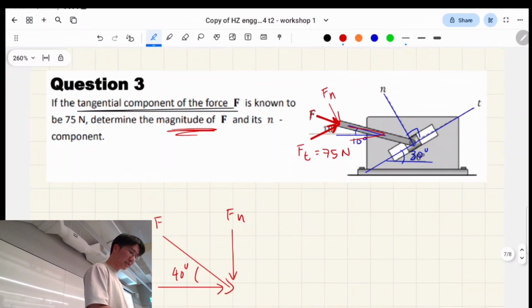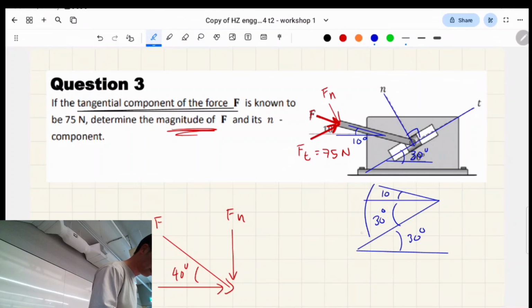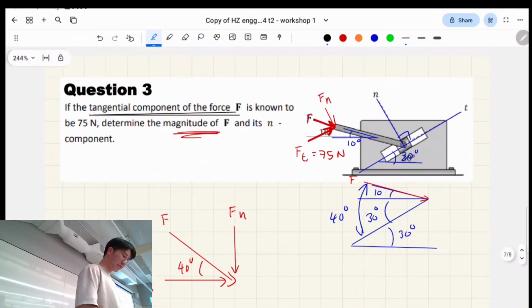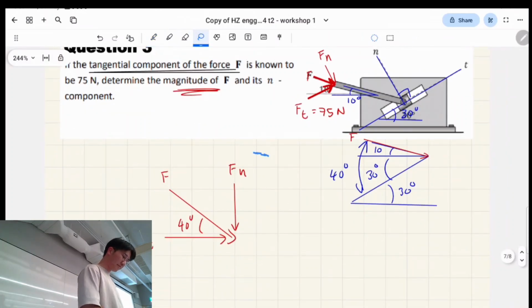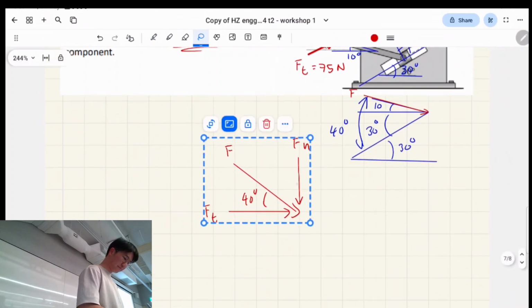So if you remember from maths, these are Z angles, equivalent angles, so that 30 degrees there ends up being this 30 degrees here, and then that 10 degrees adds on like that. So that total angle becomes 40 degrees. And that's where our F is coming from. Okay. Anyway, it ends up being like this.